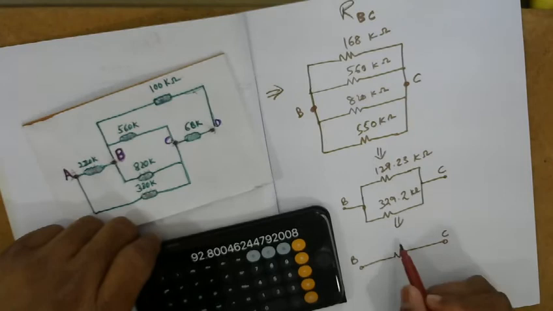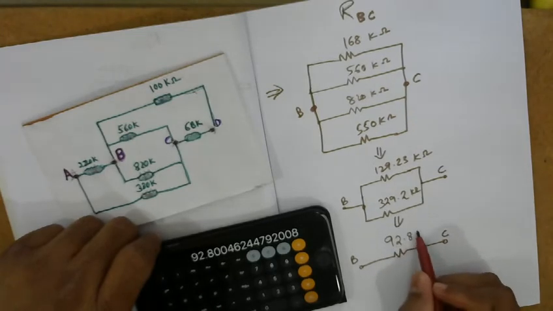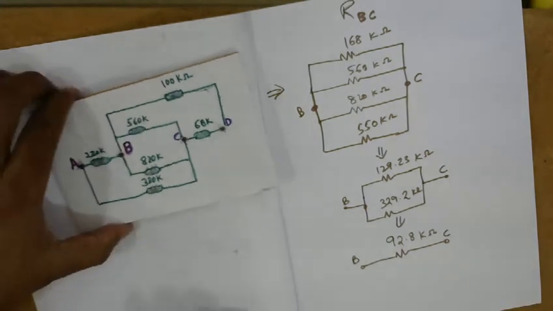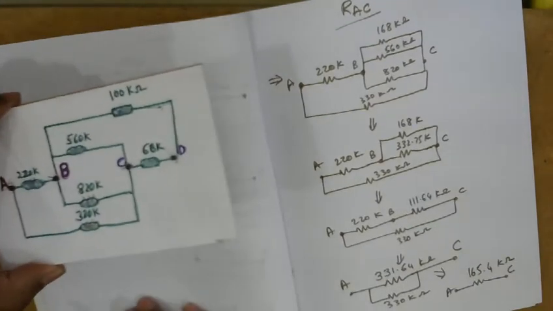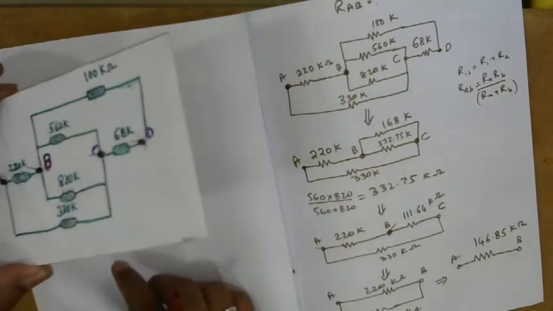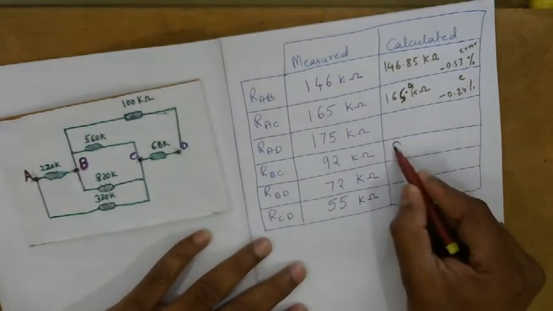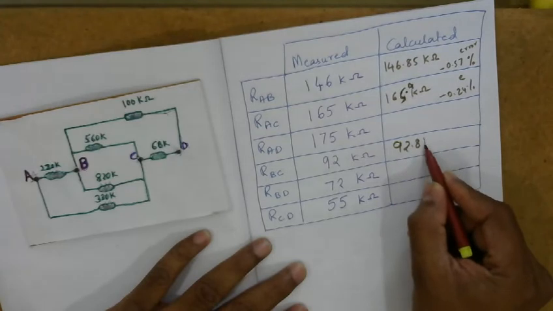I'm getting 92.8 kilo ohms. If I go back to my measured values, the value which I just calculated is 92.8 kilo ohms.